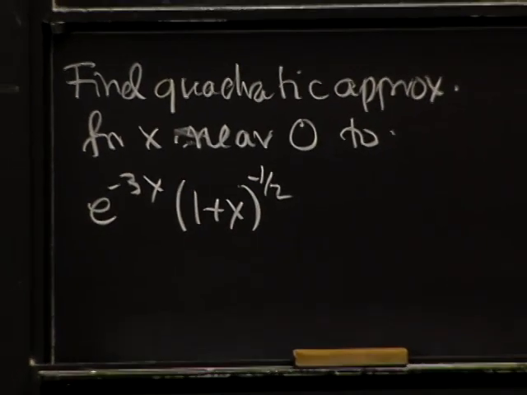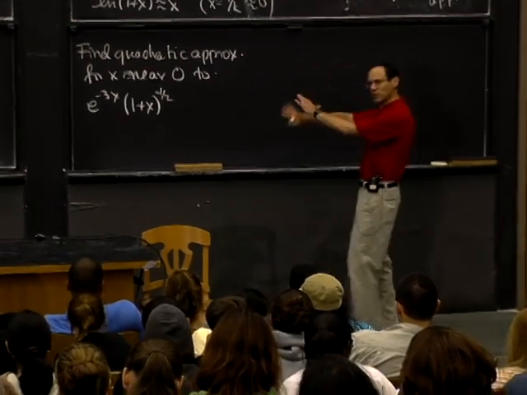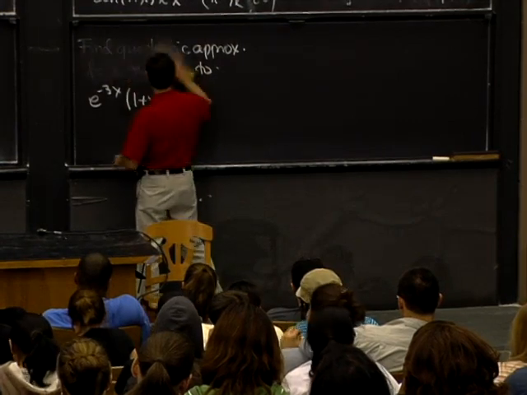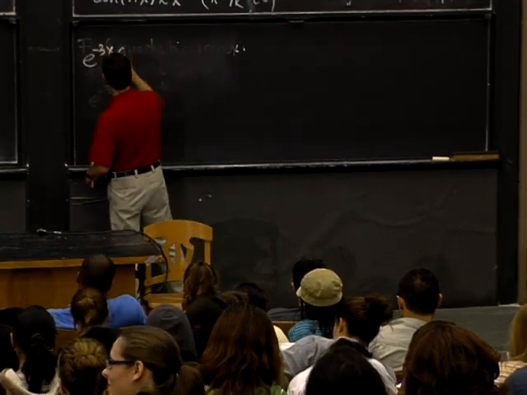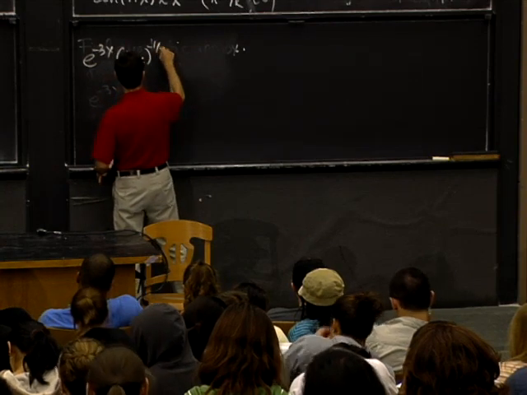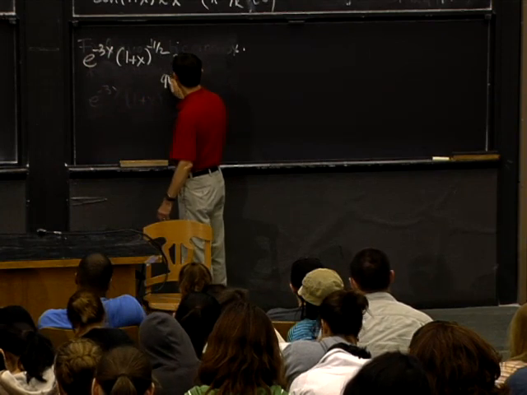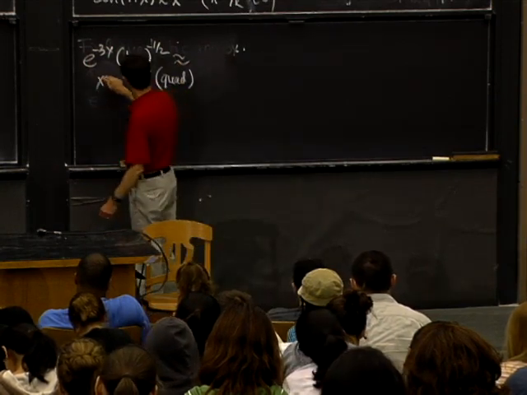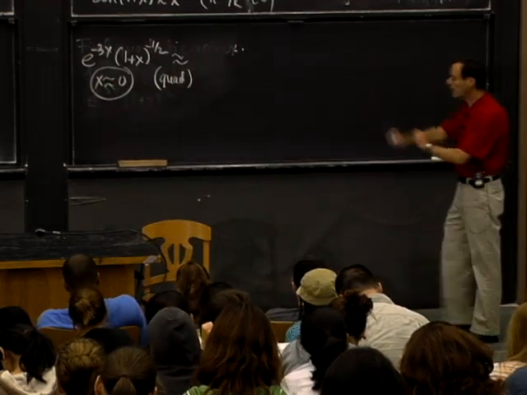Unfortunately, I stuck it in the wrong place to fit this very long formula here, so I'm going to switch it and just write it here. And we're going to just do the approximation. So we're going to say quadratic in parentheses, and we'll say x near 0. So that's what I want.